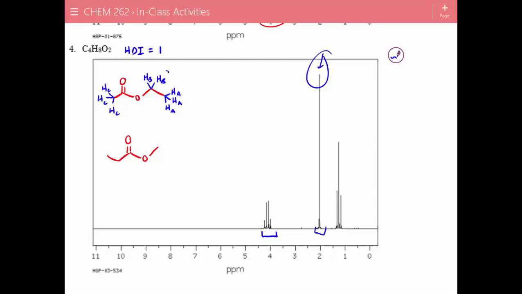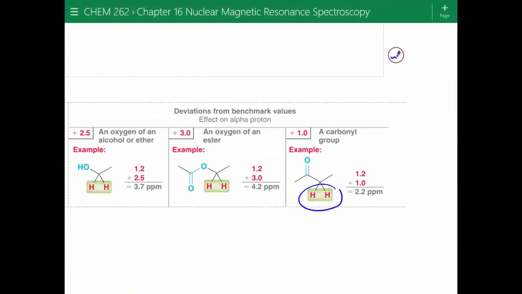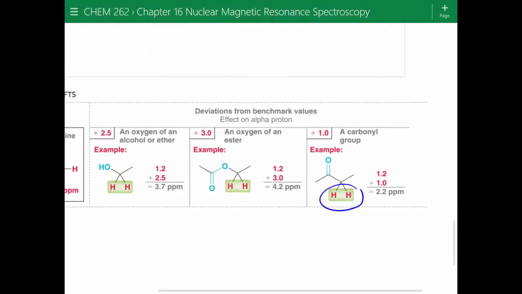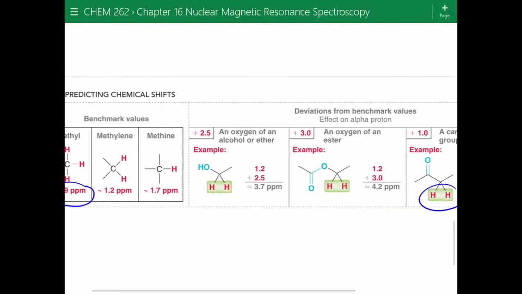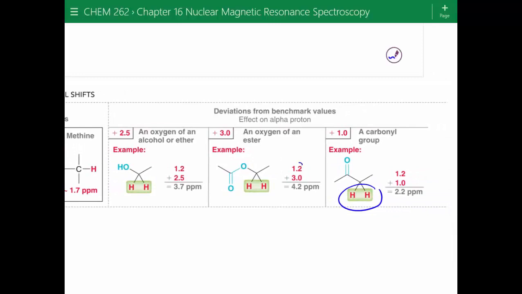Now let's take a look at HB over here. HB has 3 3-bond neighbors, which means it should be a quartet. And if we go back to our guide, if that's a methylene carbon, it has a benchmark value of 1.2. We take this 1.2 value and we add 3 to it. So 1.2 plus 3, we get this value of 4.2 over here.